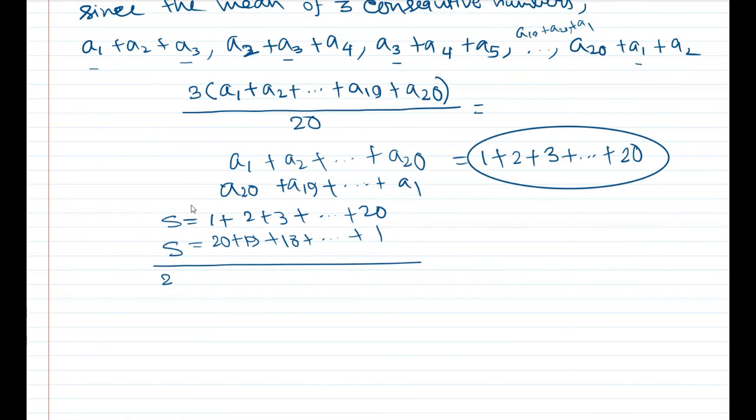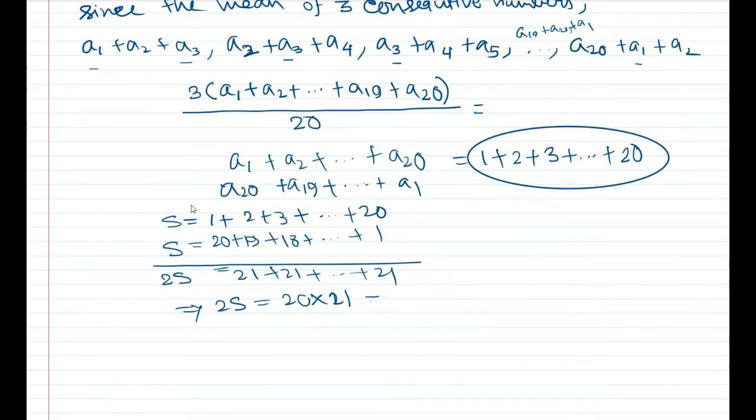Okay, so if we add them, we get 2S, with 21 21 21 each time. Okay, so 20 times 21, so 2S is equal to 20 into 21.